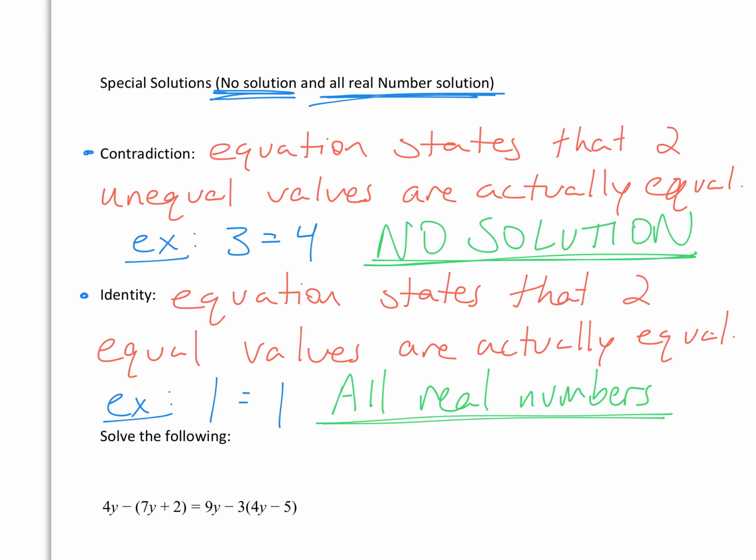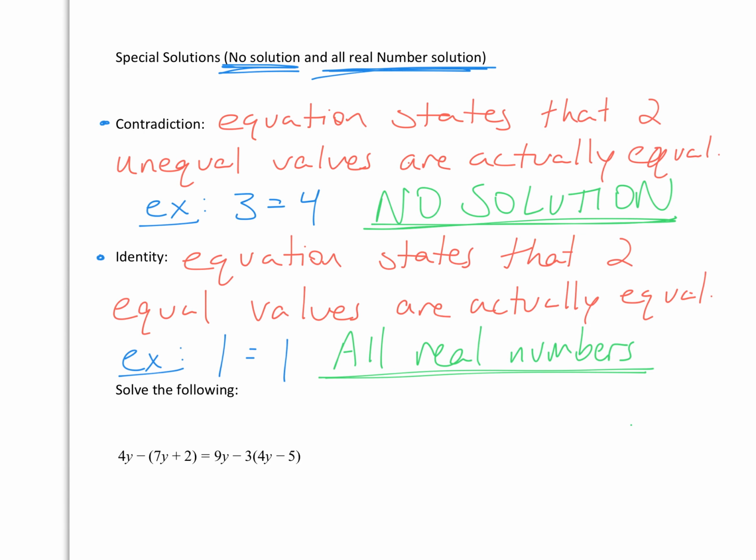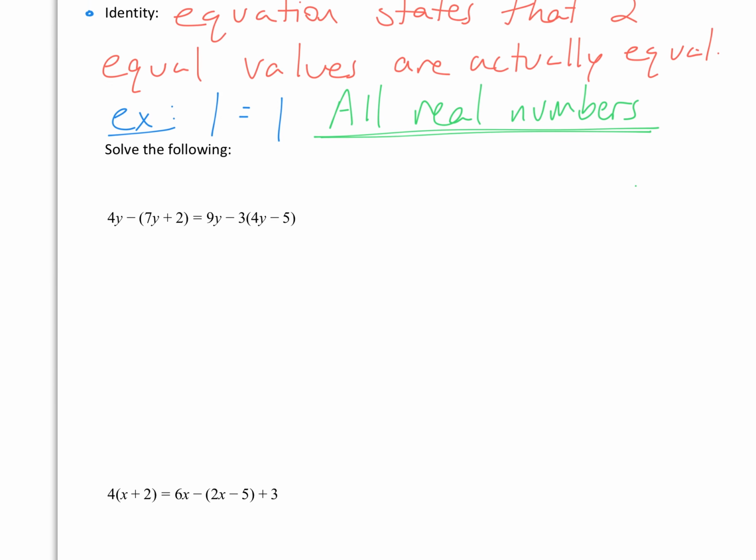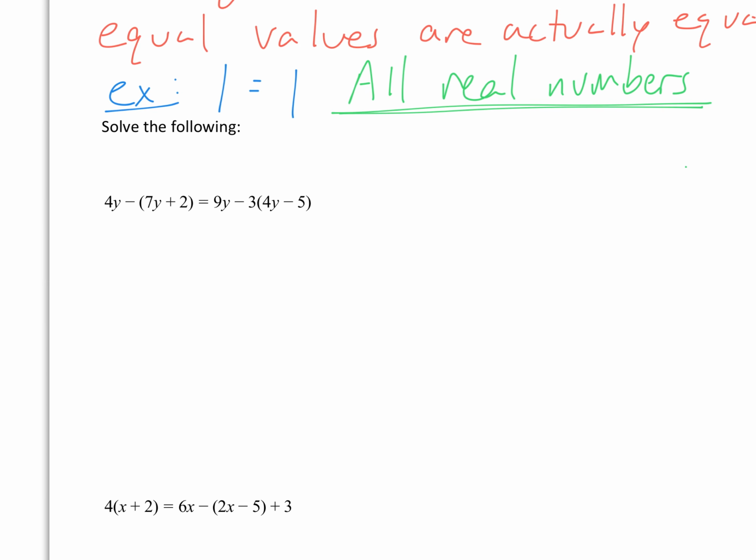So let's take a look at what that might look like here, solving this first example. So first off, before we can do much, we've got some distribution to take care of. I see some distribution here with a negative. You can also think of that as -1 to distribute and a -3 to distribute.